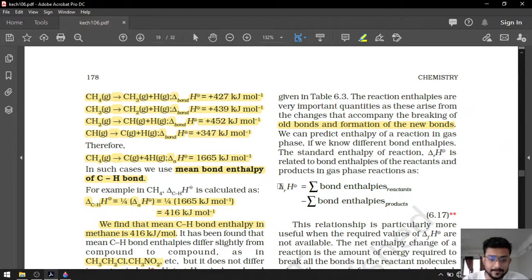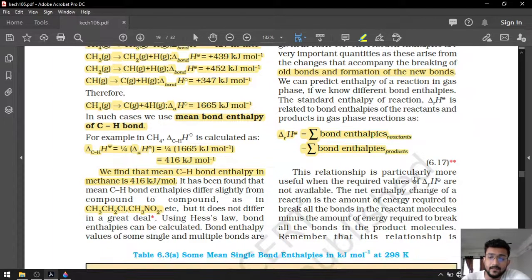Okay, look at this. Addition of bond enthalpies of reagents minus addition of bond enthalpies of products will be equal to the reaction enthalpy. Why? Because in bond enthalpy we are breaking bonds, in formation enthalpy we are forming new bonds. This relationship is particularly useful when required values of formation enthalpy are not available.